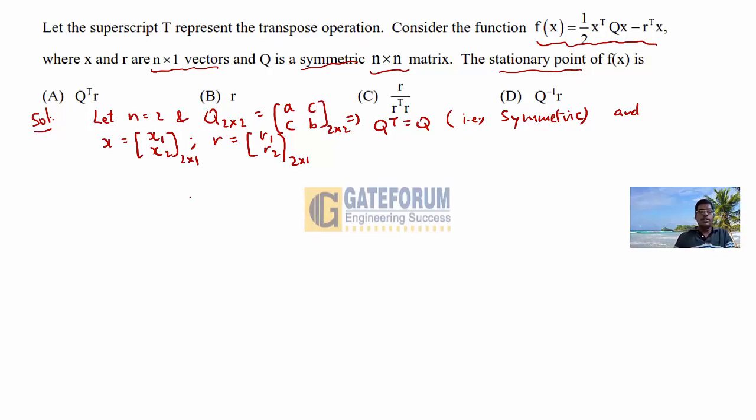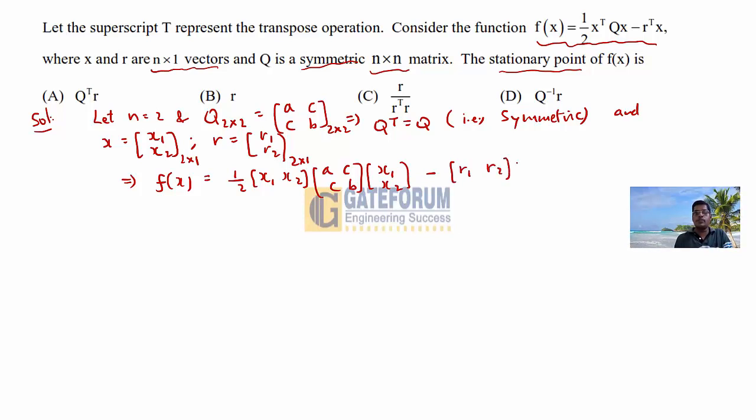Now, this implies your function f of x is equal to half times x transpose. That is, the column vector transpose is the row vector x1, x2, multiplied with A, C, C, B, that is Q, multiplied with X, that is column vector x1, x2, minus r transpose, row vector R1, R2, into X, column vector x1, x2. So please simplify.